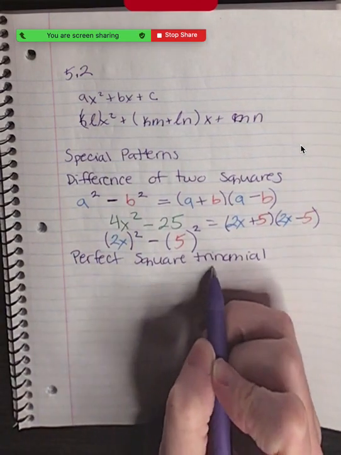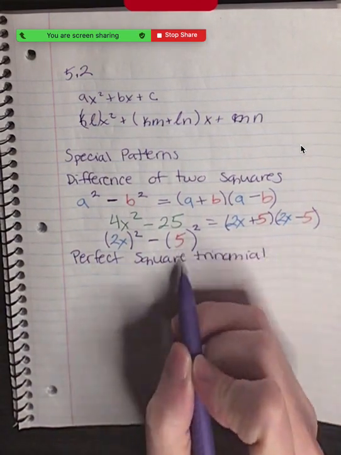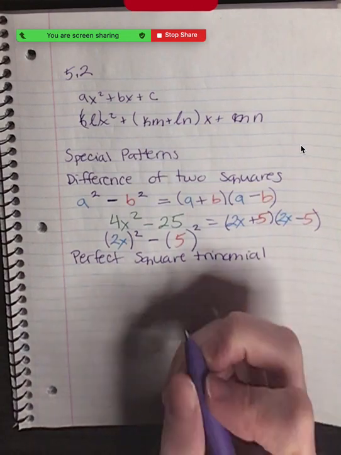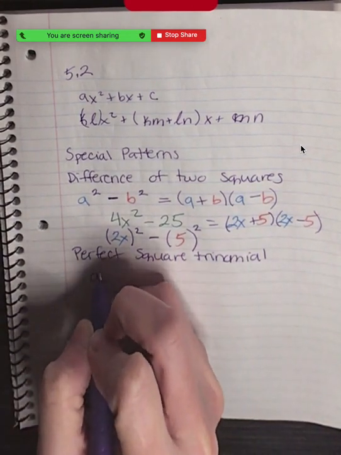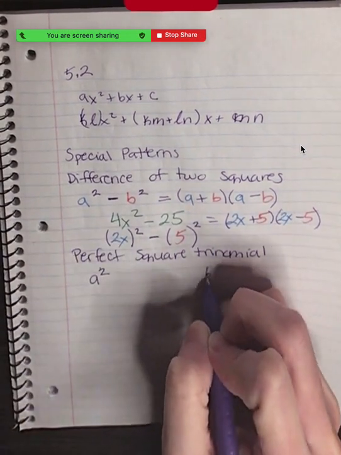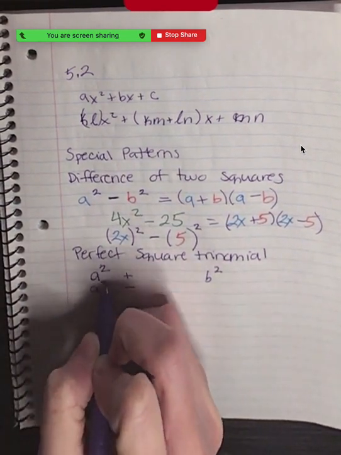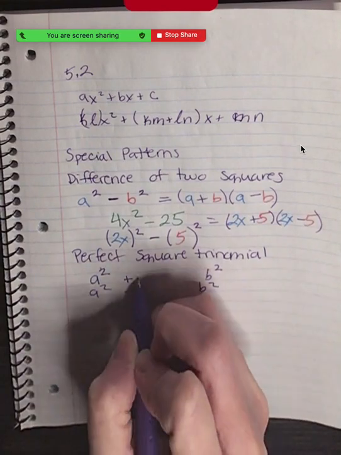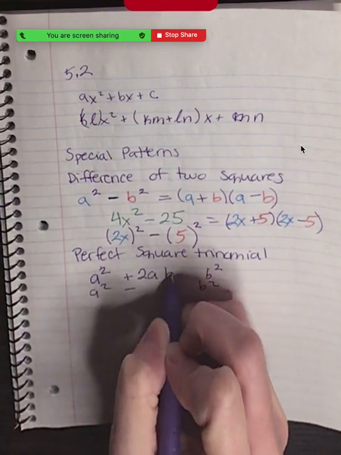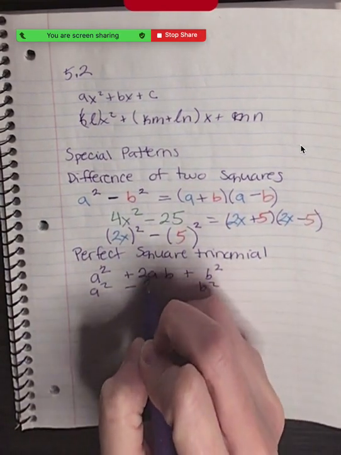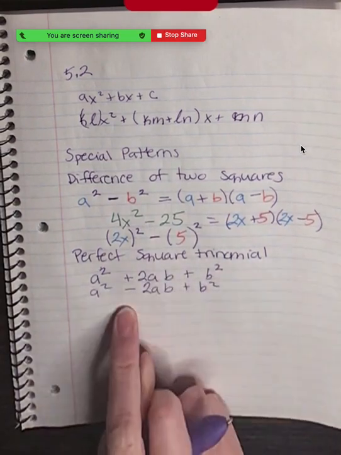Perfect square trinomials have three terms because it's a trinomial. The first one is squared, and the last one is something squared. And then the middle, and we can have plus or minus, is going to be twice the first times the second, or the last. And then it's just a matter if it's plus or minus here.